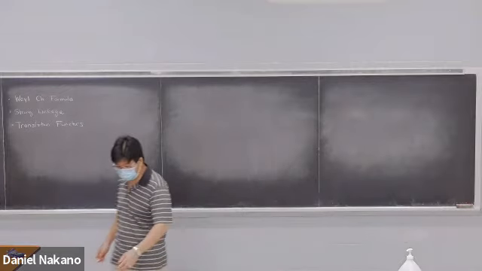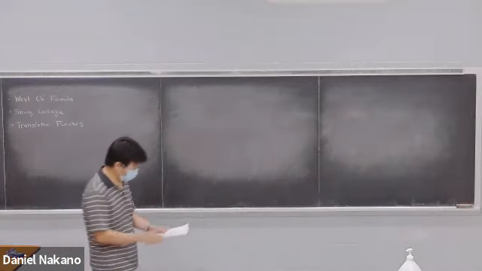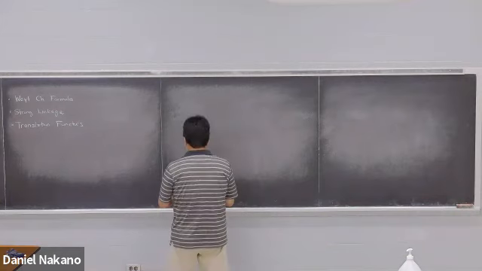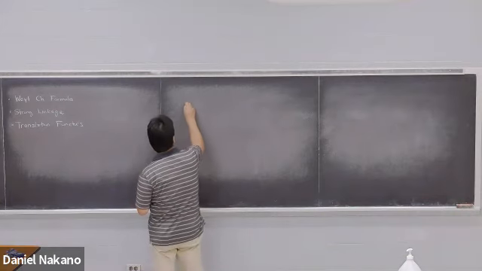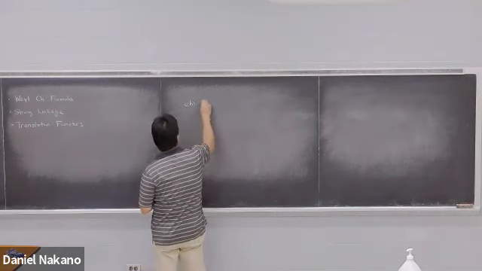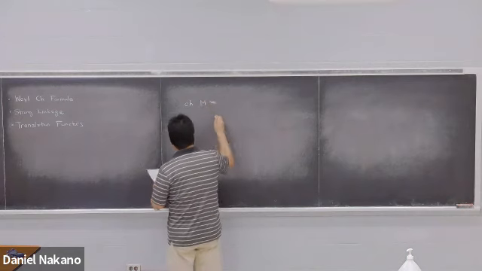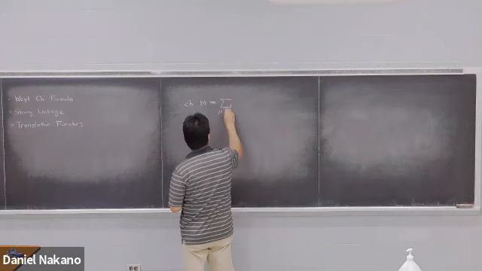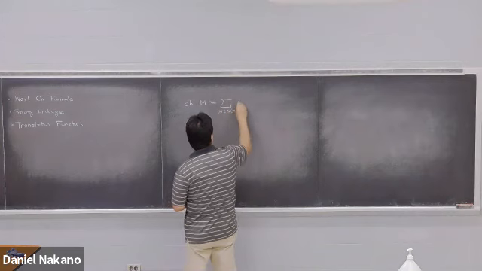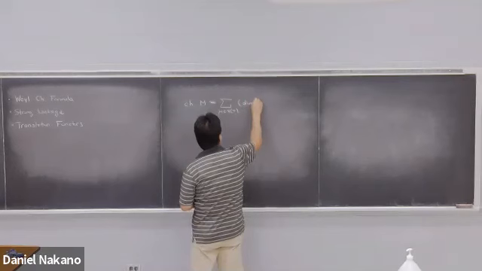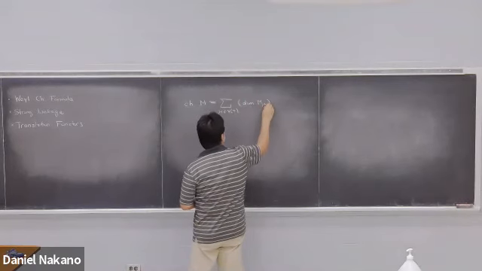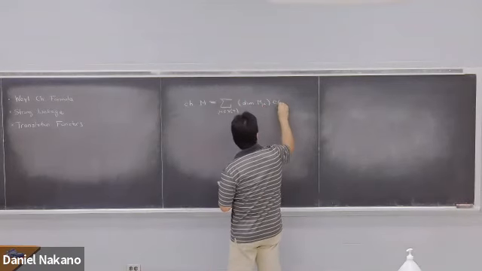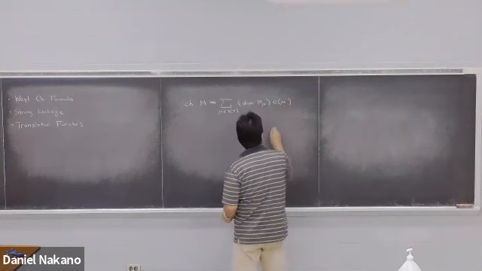All right, so let me recall a few things that we did last time. We were looking at formal characters. If I have a T module M, then I can define the character as the sum over weights of the dimension of the weight space times the placeholder e to the weight.